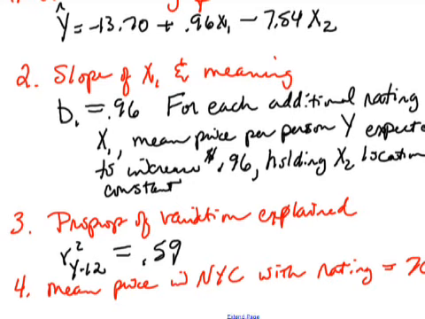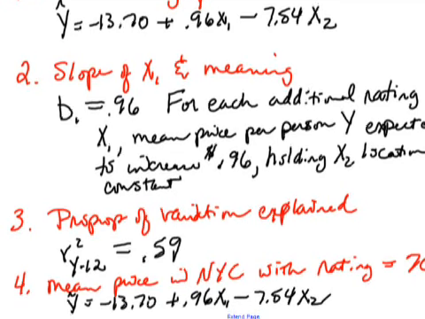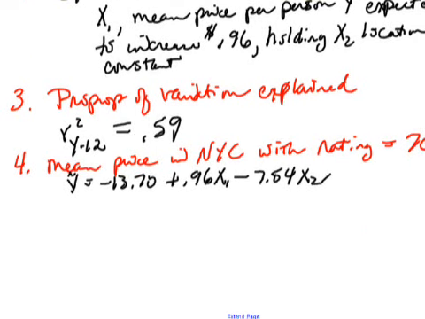So looking at the equation at the top of the screen, let's just start with it. Now we've got it where we can see it. Let me scroll on down. Why don't we first of all get the equation for any restaurant in New York City. Then we'll come back and say specifically with a rating of 70.